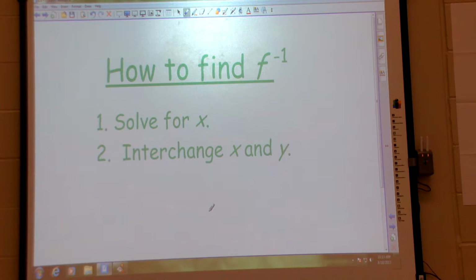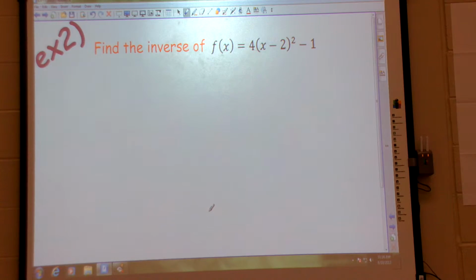Okay, so solve for x, interchange x and y. So here we go. We're going to find the inverse.